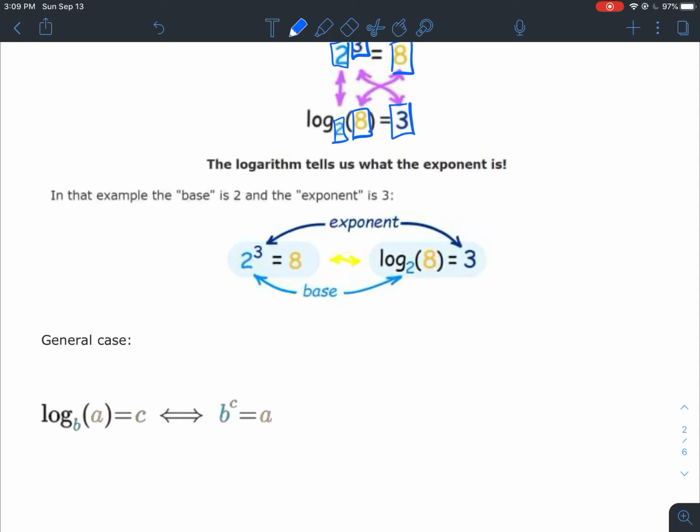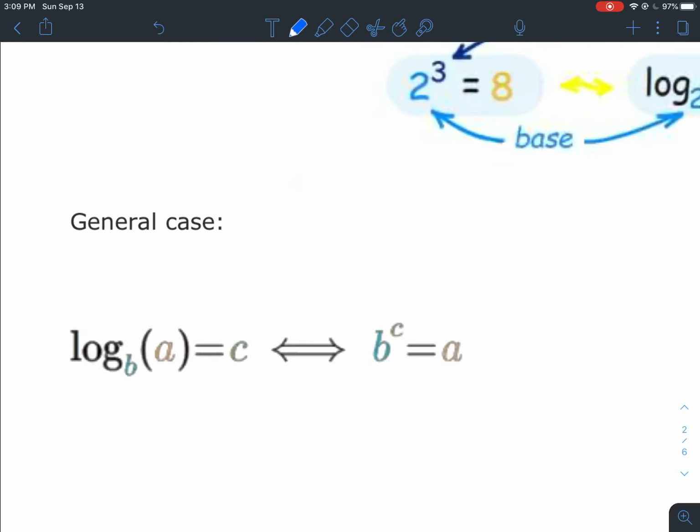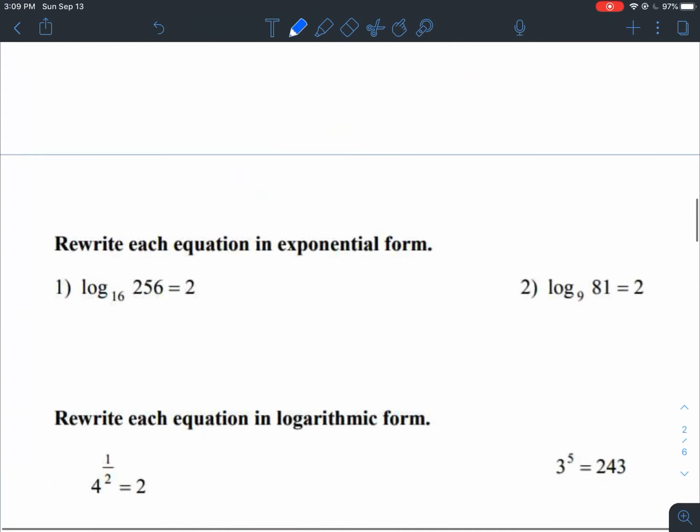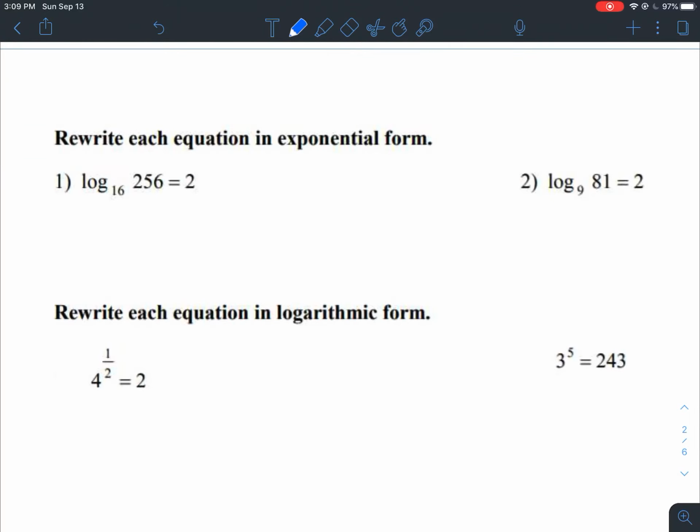This is another way of showing that transition from exponent to log. And then we have what's called the general case going from exponent to log. This one I felt like was the cleanest, showing how to rearrange. Essentially you're just rearranging things. That's all we're doing.